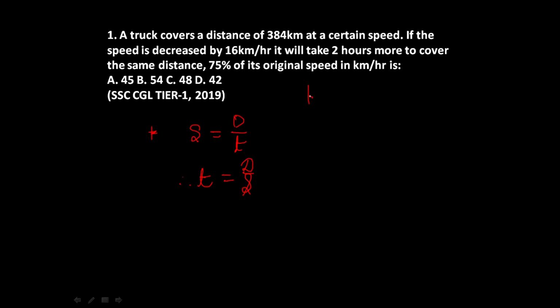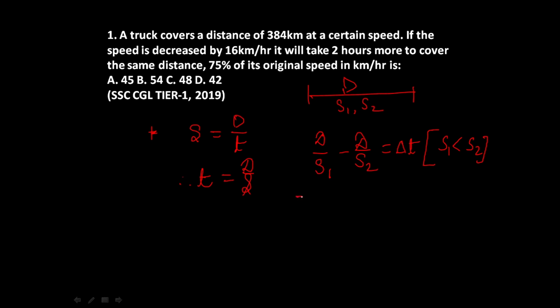So here distance is fixed, 384, but there are two times, for s1 and s2. So what can we write? D upon s1 minus d upon s2 is equal to delta t, or the difference of time, right? We can say that. Okay, there is a condition that s1 is less than s2.